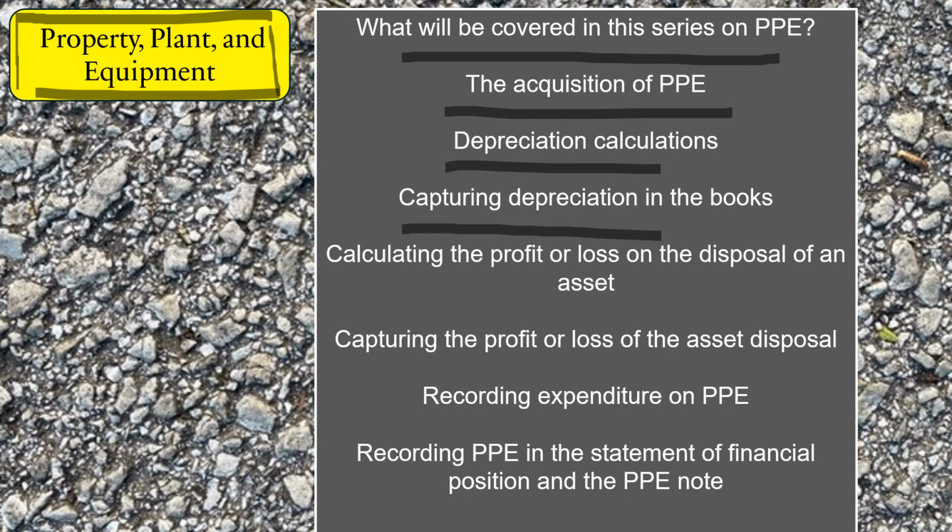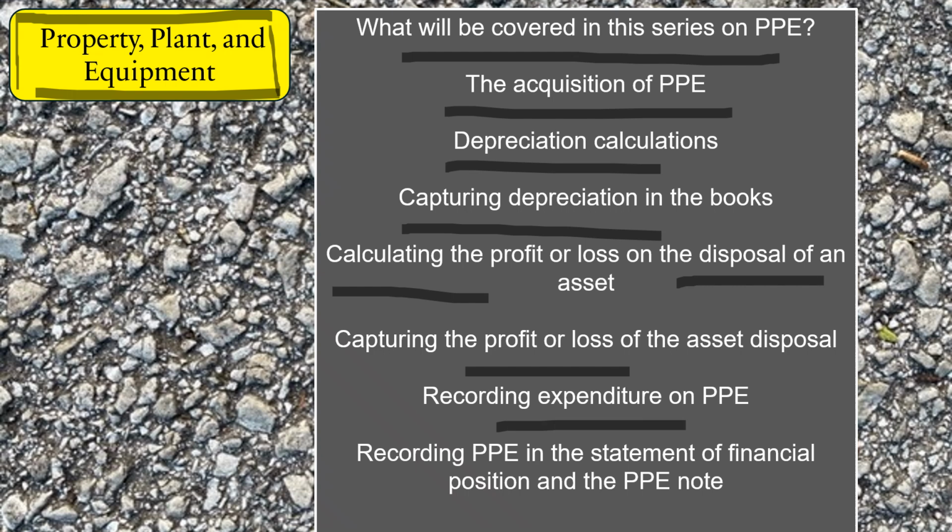depreciation, capturing depreciation, calculating the profit or loss on the disposal of PPE or non-current asset. We're going to capture, not just calculate, but capture the profit or loss of asset disposal.